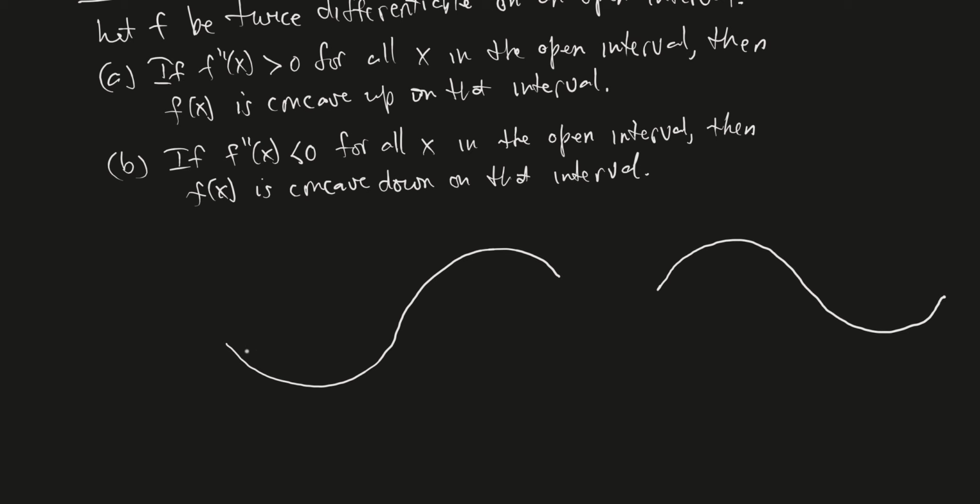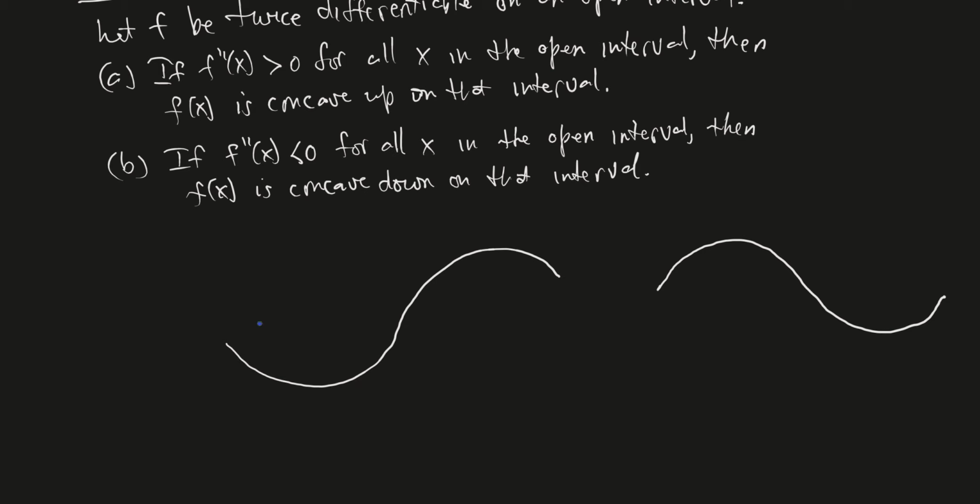So for instance, here's our cup. Here's our frown. And here it's kind of flipped. Here is the frown. Here is the cup. So something has to happen here for it to change from concave upward to concave downward.